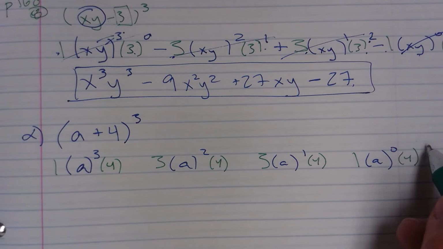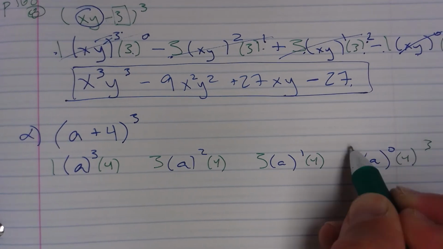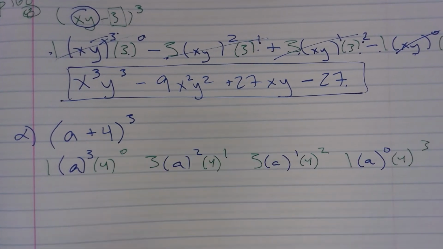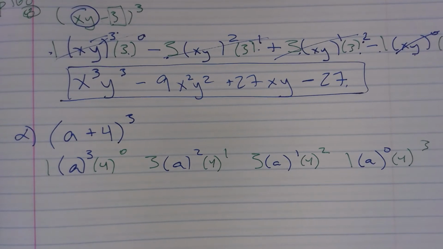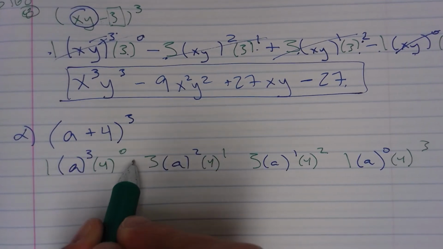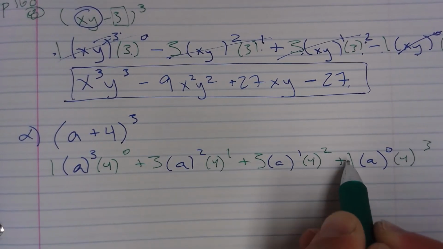And then we count down from the back, 3, 2, 1, 0. So nothing is different from the previous problem. And then this is plus, so everything's plus.